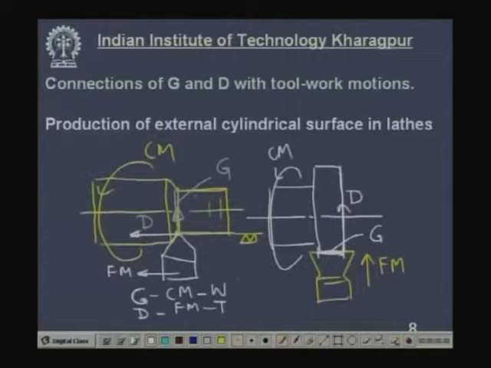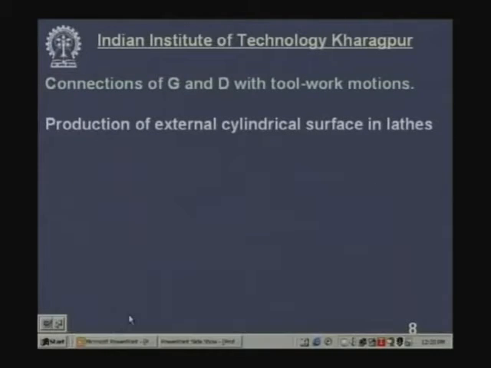Generatrix is not connected with any motion, it is connected with the tool. And directrix is connected with the cutting motion and the workpiece. This is how the cylindrical surfaces are produced.